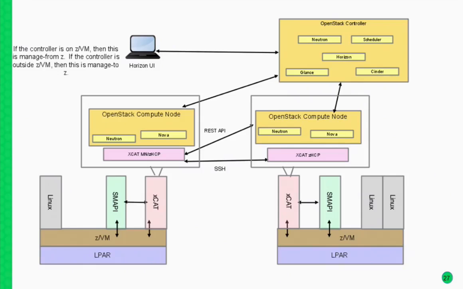The way this whole thing works, there are two things you can look at: what's called managed from and managed to. If you're running the control plane on something outside of the z/VM environment, that's managed to. If you're running the control plane within the z/VM environment, that's managed from. So you get Horizon, which is the OpenStack dashboard, the user interface.